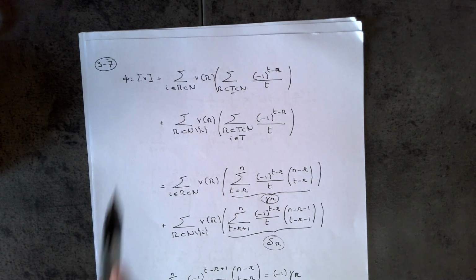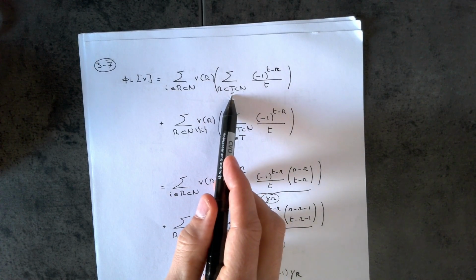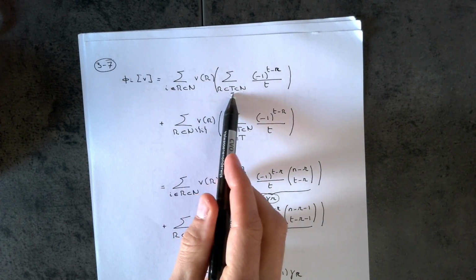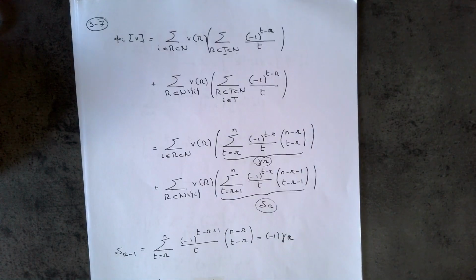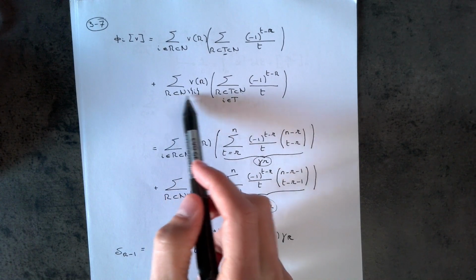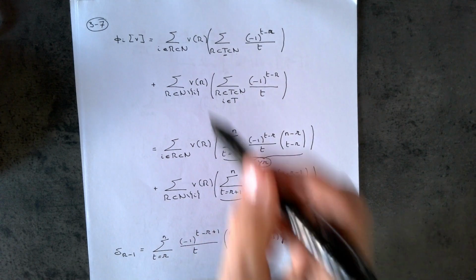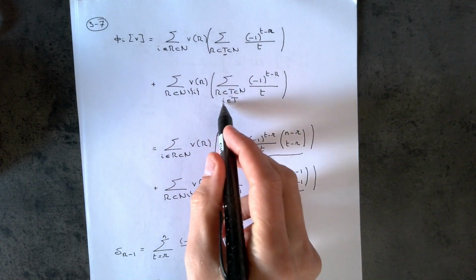Because i is already in R, I no longer need to include it here for T, because R is a subset of T, so i will also be in T. And then the second sum is over all R that do not contain i. When I sum over T, I need to be sure that I include i in T.